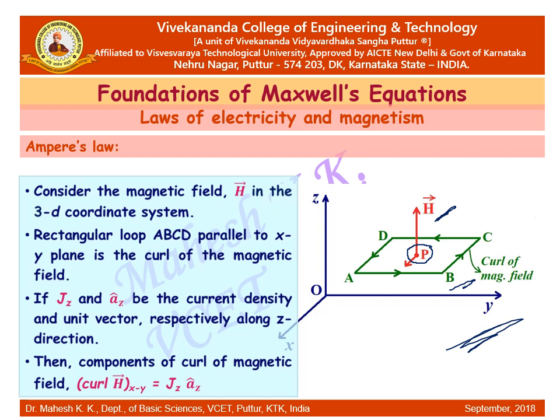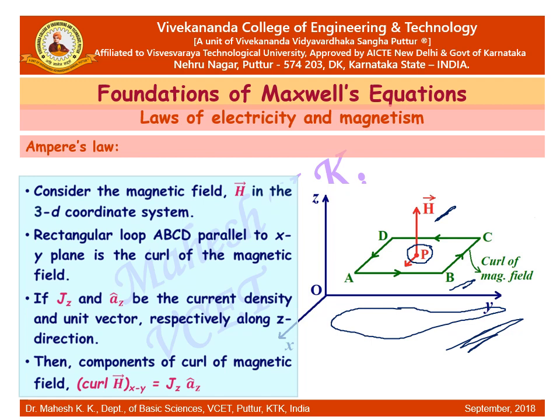You need to imagine this. This is the XY plane. So consider a rectangular loop ABCD parallel to the XY plane as the curl of the magnetic field around P.